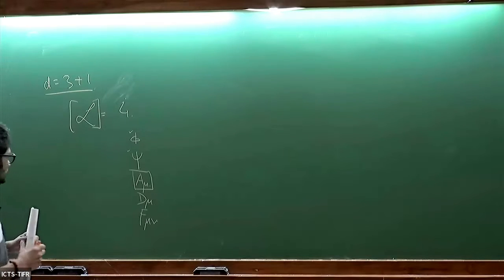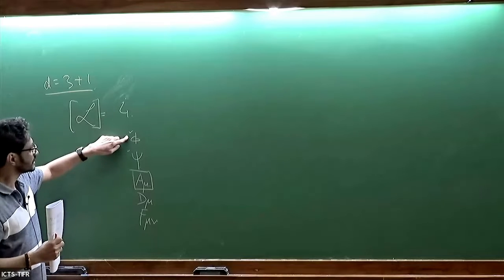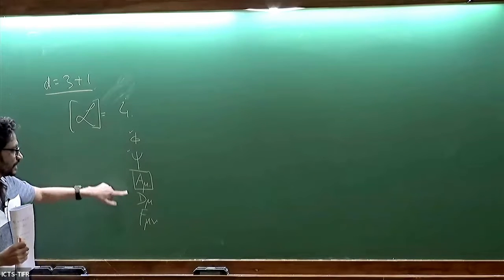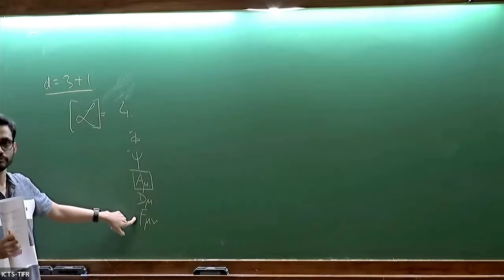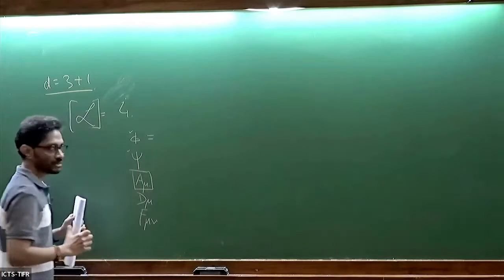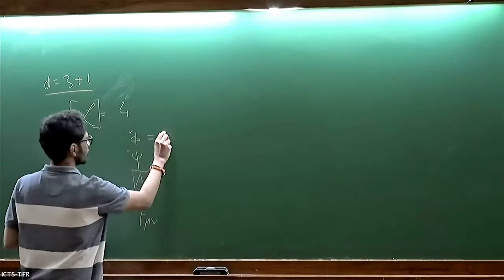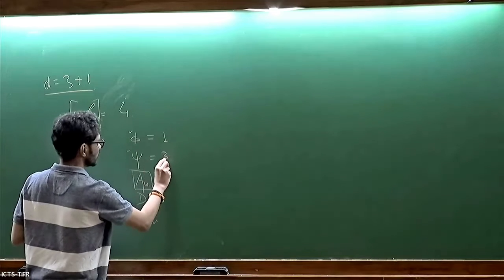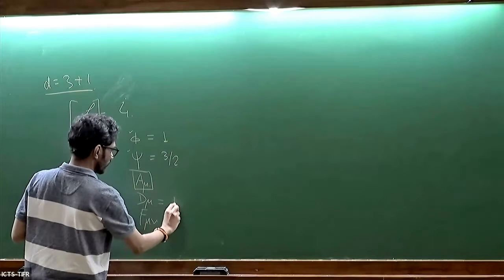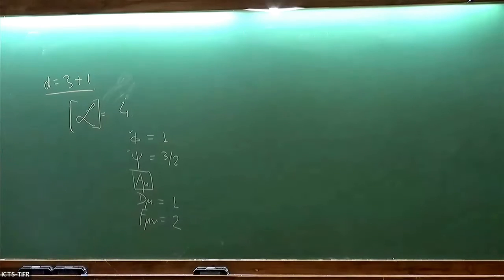So to construct those operators, our interest is basically in the scalar field, fermion field, covariant derivative, and the field tensor, right? Now let's look at the mass dimensions of these fields. What is the mass dimension of the scalar field? That you already know, which is 1, for fermion it is 3/2, covariant derivative is 1, and F mu is 2, right?